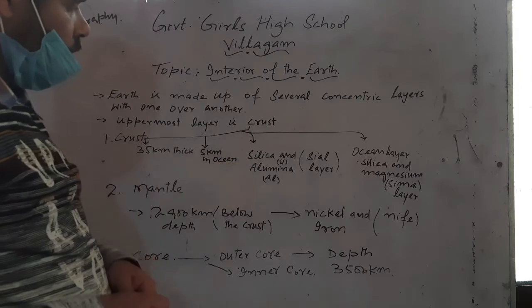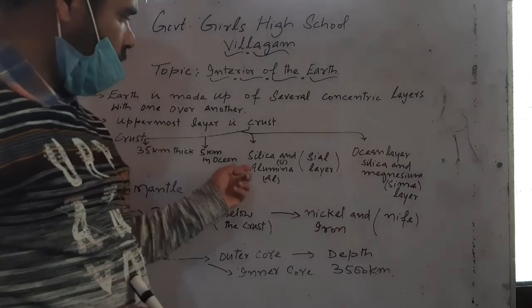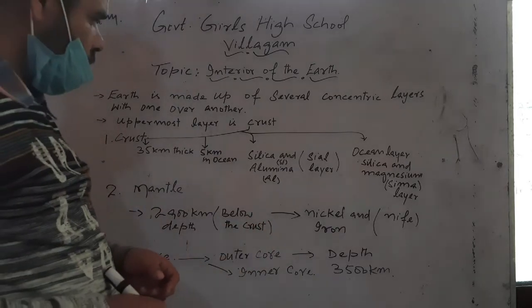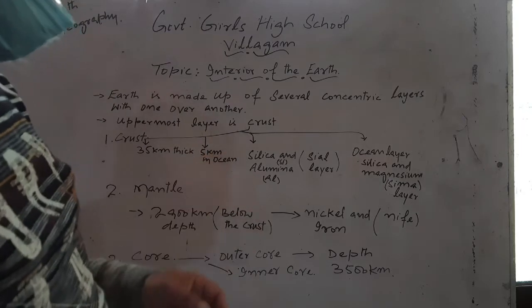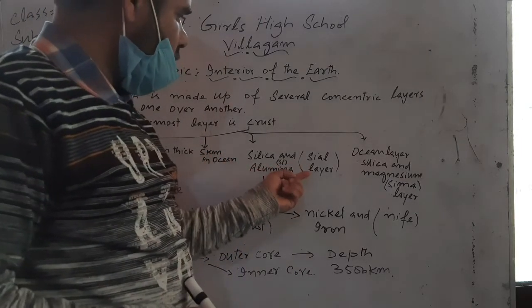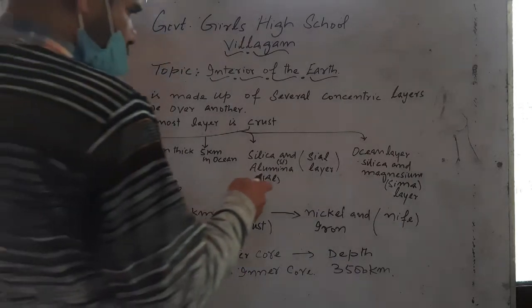It consists of two minerals, that is silica and alumina, so it is also called the shale layer. Actually, what is shale?